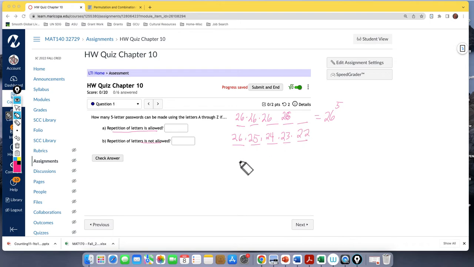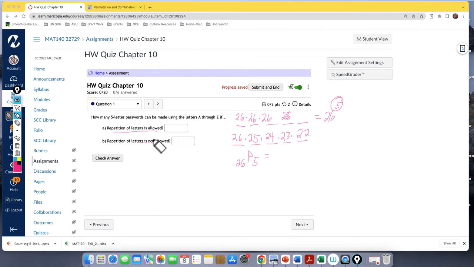Or if we want to be even quicker, we just recognize, well, that's a permutation, so that's 26 permute 5. I could use the calculator to do that. Okay, so permutation is you can't repeat. If I can repeat, then I'm going to use pretty much exponents.